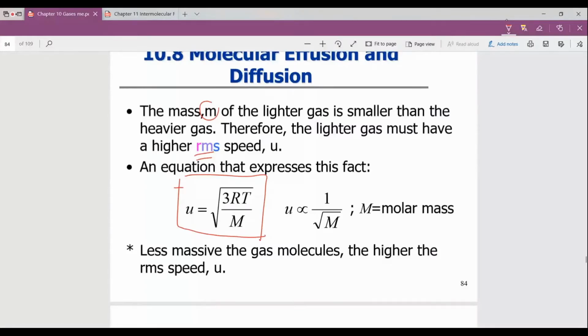How do we get this formula? It is a very long derivation, but you just remember this: u equals the square root of 3RT over M. And RMS speed is inversely proportional to the molar mass, u inversely proportional to 1 over the square root of M.